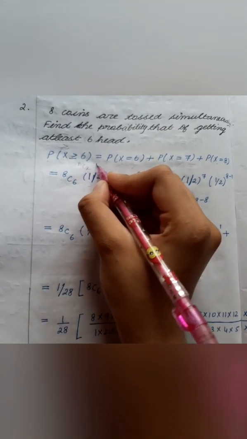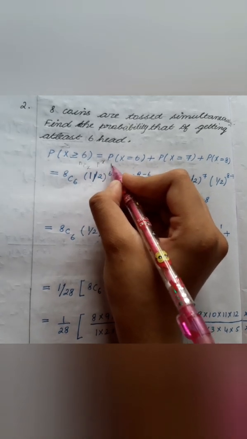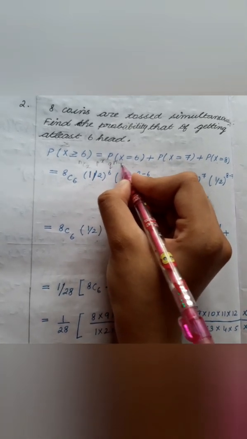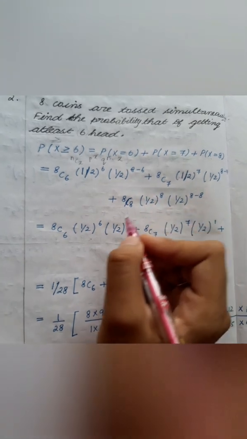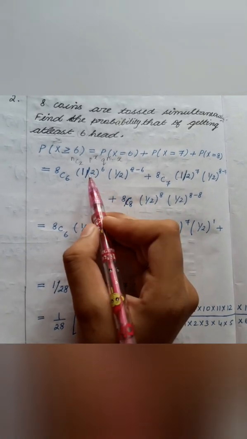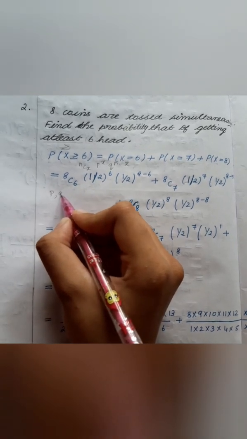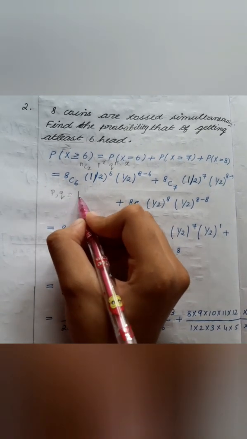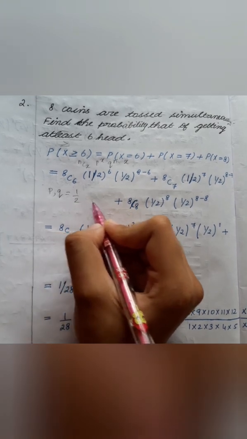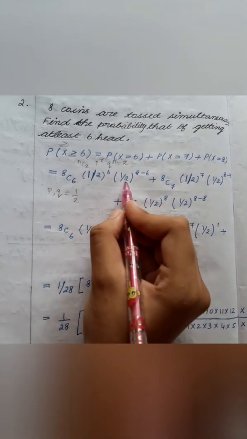We are substituting in the formula nCx p^x q^(n-x). Here p and q are 1/2, because a coin has 2 sides, so it will be half and half. So we are substituting here.